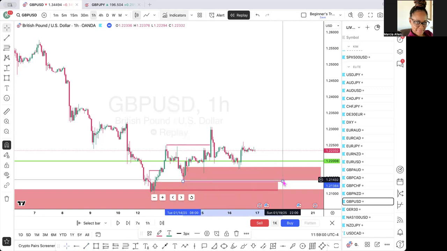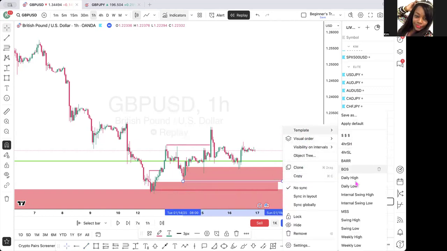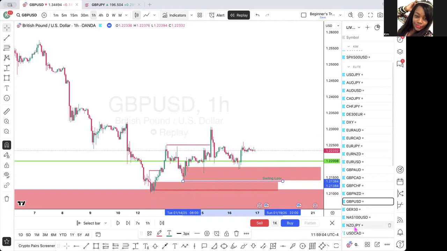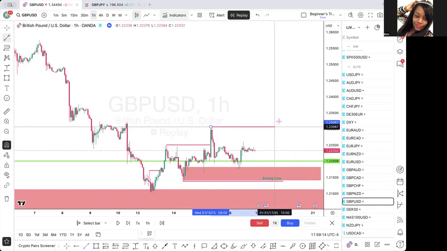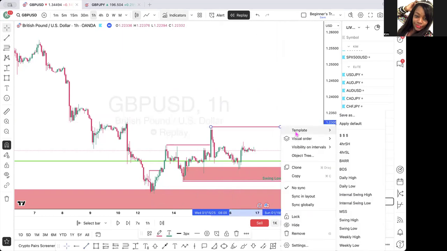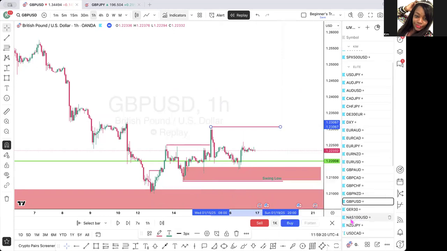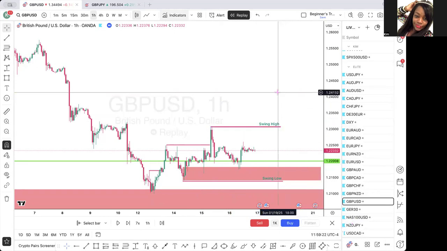If I'm wrong about this trade, this swing low has to be broken. So I missed that trade. This is now my swing low, this is now my swing high. I want to see one of the two get broken first. Whichever one gets broken first, then that's the direction I'm trading.